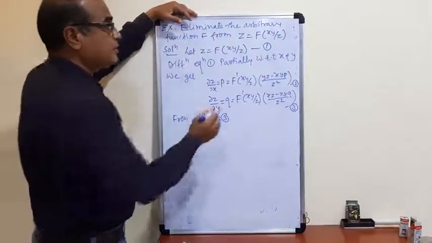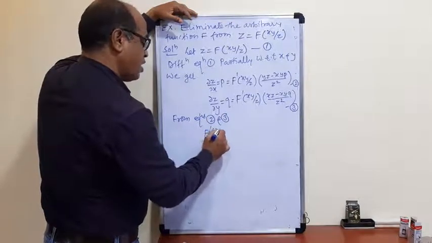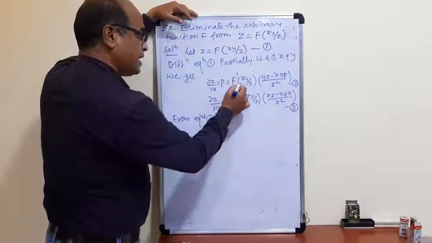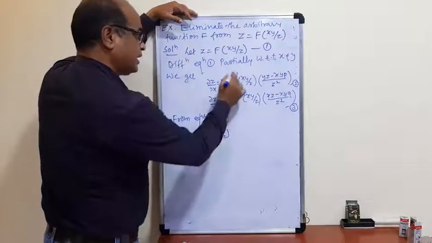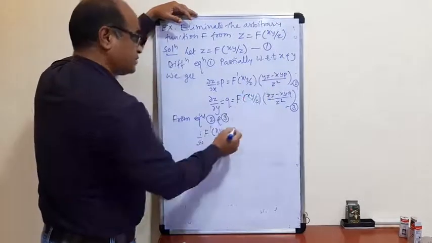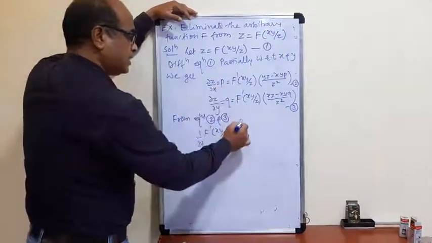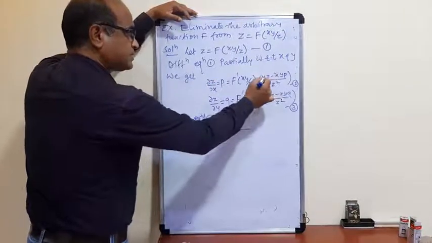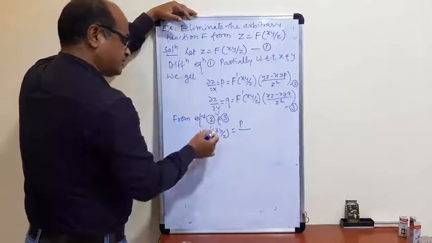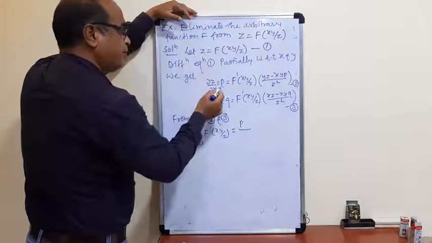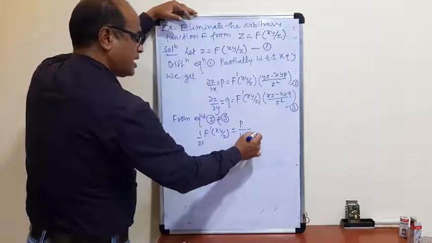So f dash of xy upon z, 1 upon z square here, is equal to p divided by this factor, so this is p upon yz minus xy p.